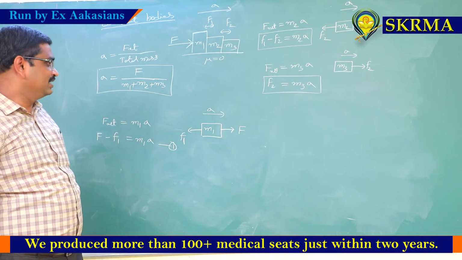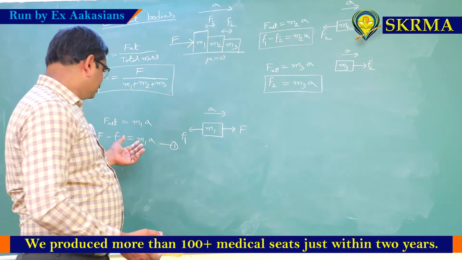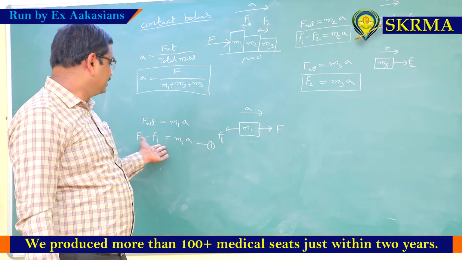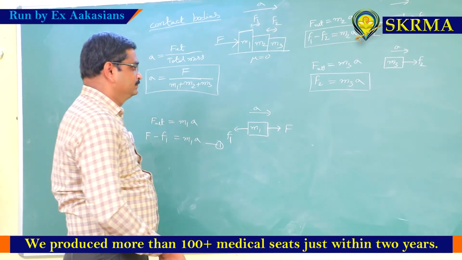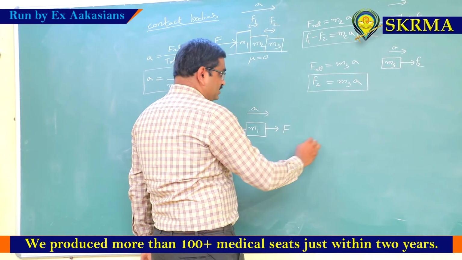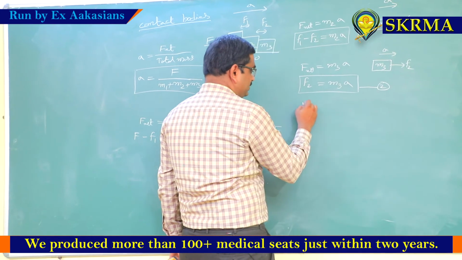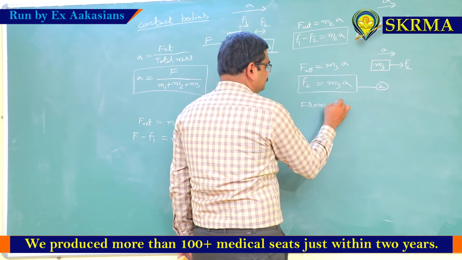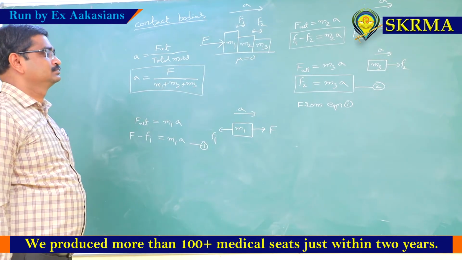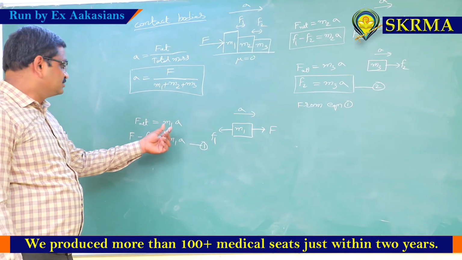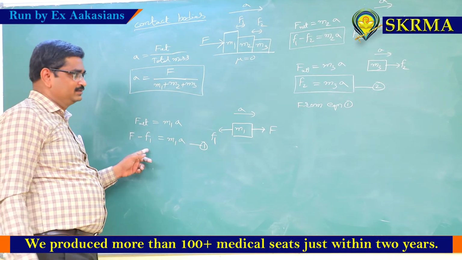Now can you solve for F1 and F2? To solve for F1, just substitute the acceleration value. This is equation number 1, and this is equation number 2. From equation 1, substitute the acceleration value to solve for F1.